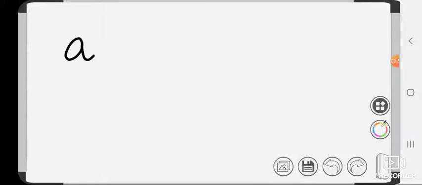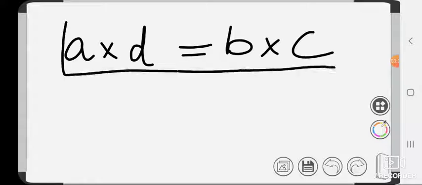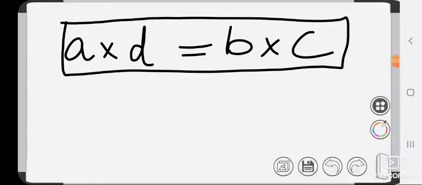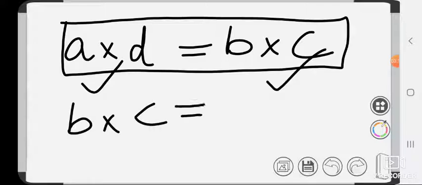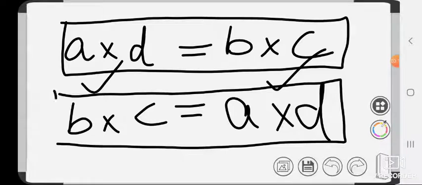That is A into D is equal to B into C. Is that clear? Product of extremes is equal to product of means. If you write B into C is equal to A into D, both are the same. Simply interchanging the sides doesn't make any difference.